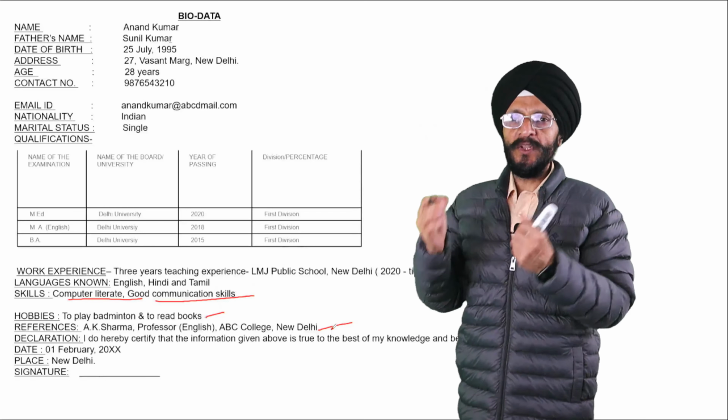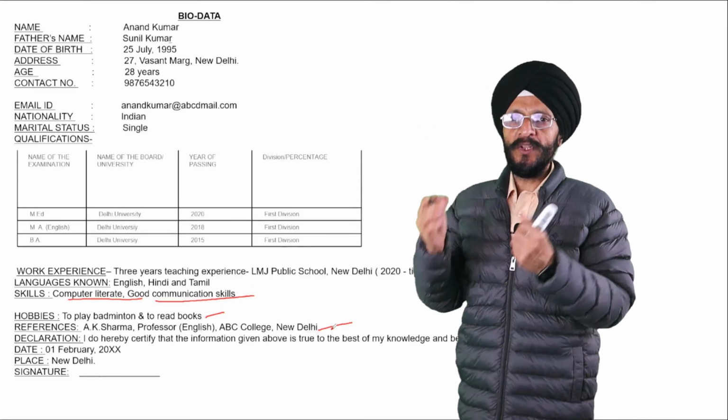First is volume of application. Suppose you are an employer and you want to hire an English teacher for your school, and you give an advertisement in the newspaper and you receive only 5 applications per day, then you have enough time to go through each of the resumes.